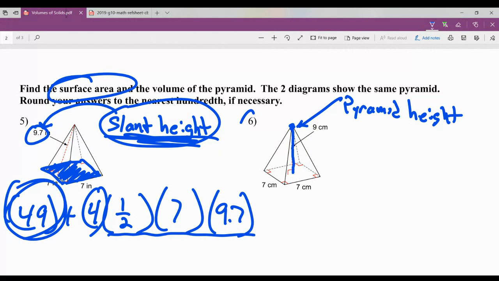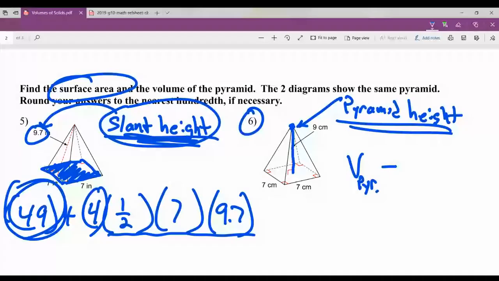All right. Number 6 is the same diagram, except that they gave you the actual height of the pyramid. Now that would be more useful if you were finding volume, because the volume for a pyramid, I'm doing it again. That's really bizarre. The y comes first.